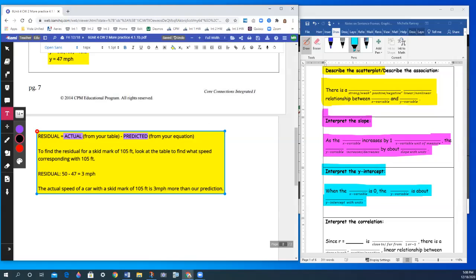Now, the other thing I was showing us in class is how to get a residual plot. So let me show you guys that.